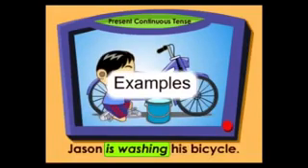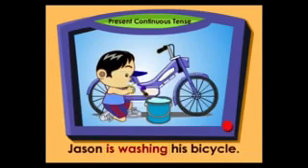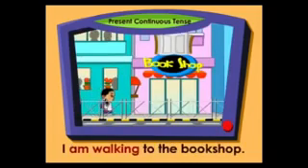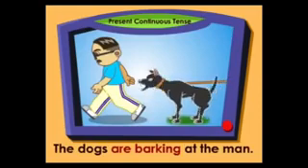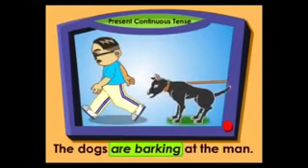Let's look at a few examples of present continuous tense. Jason is washing his bicycle. I am walking to the bookshop. The dogs are barking at the man.